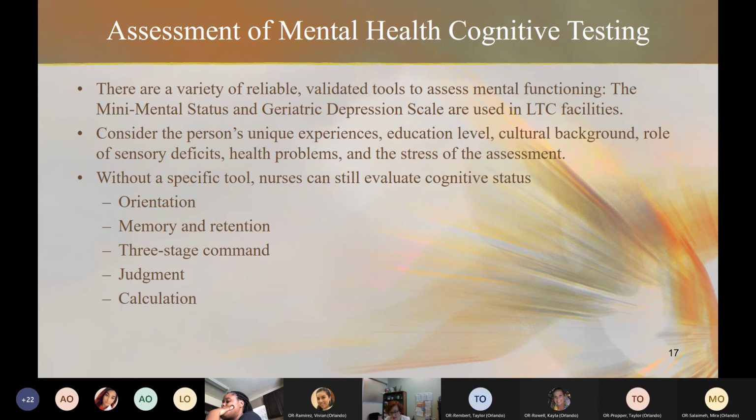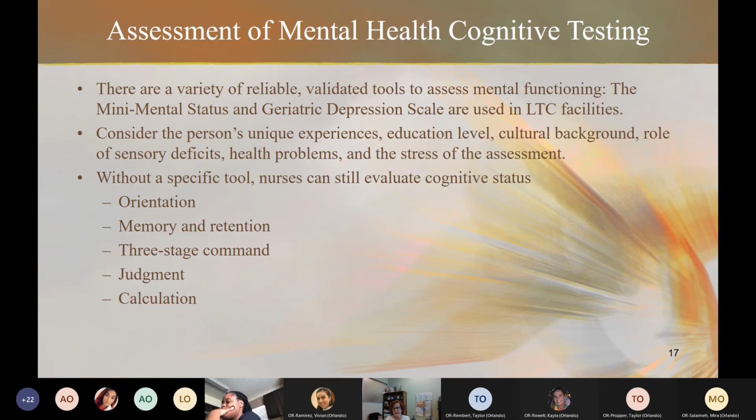And remember, we did the mini mental status exam before. We talked about orientation, their memory retention. There are things that we can ask them to do. Give them a couple of nouns, animals, fruit, whatever you'd like to use, and see if they can remember it in about 5 minutes, how long they were able to remember that information.